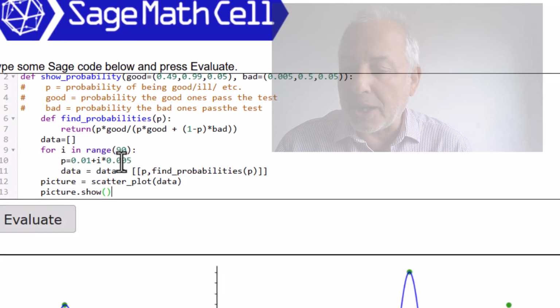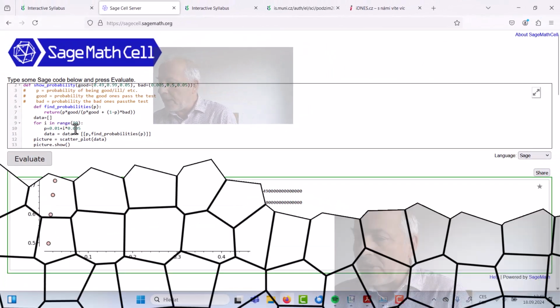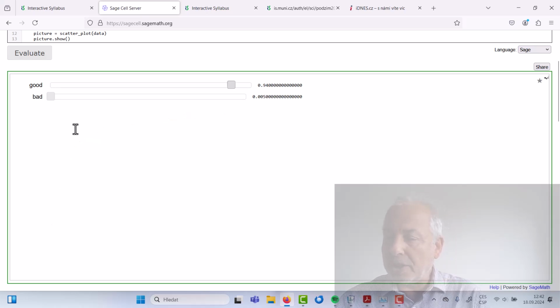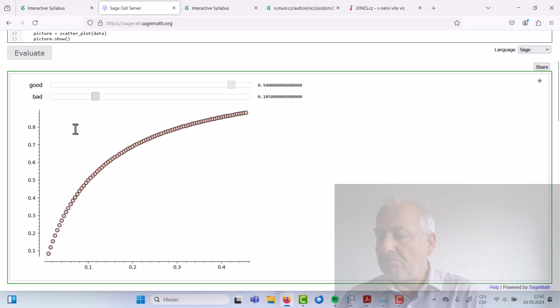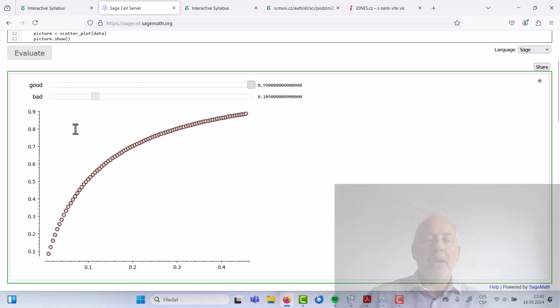And let's have a look at what it does. So again, I have done it this interactive way. So say that we have got the sensitivity of the test such that nearly all the really good ones pass, and say 10% of the bad ones pass as well. So it means the test was perhaps too easy. So if it was too easy, maybe it's even more probable that nearly everybody among the good ones passes.